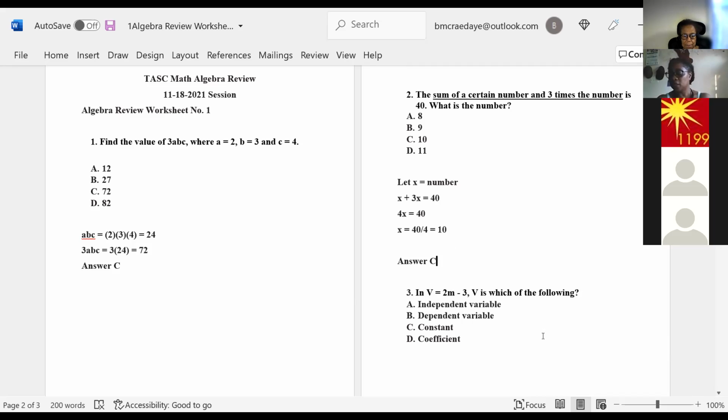V is which of the following: independent variable, dependent variable, constant, or coefficient?